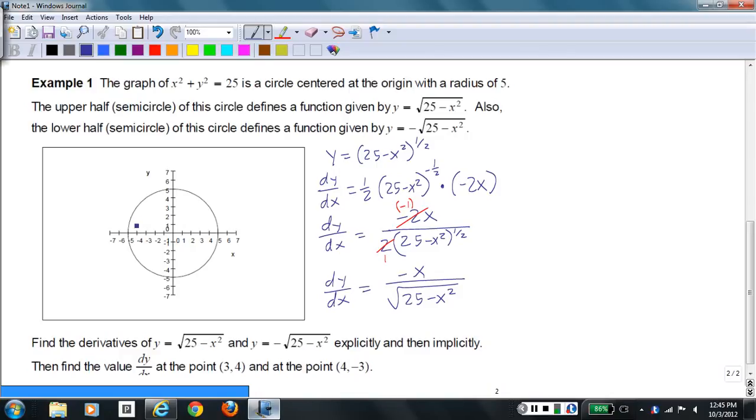At that point, if we want to find the slope of the tangent line anywhere on the top semicircle, we can do it. So if we want to find the slope of the tangent line at the point (3, 4), that's on the top semicircle, all we need is the 3, because this is given explicitly in terms of x. So all we have to do is substitute 3.